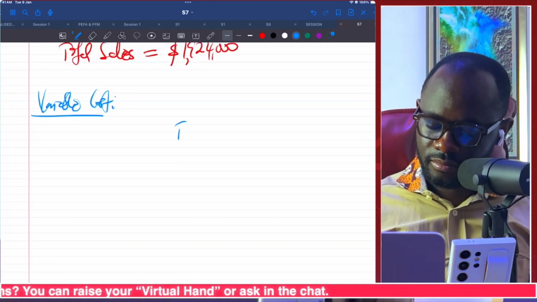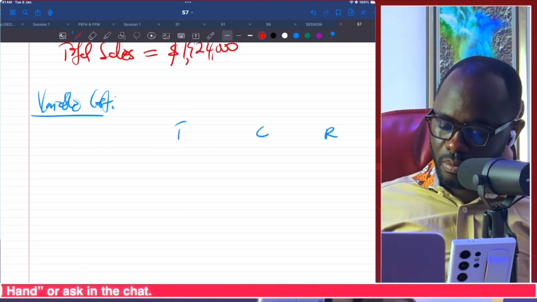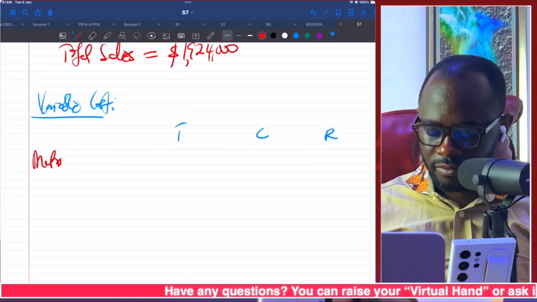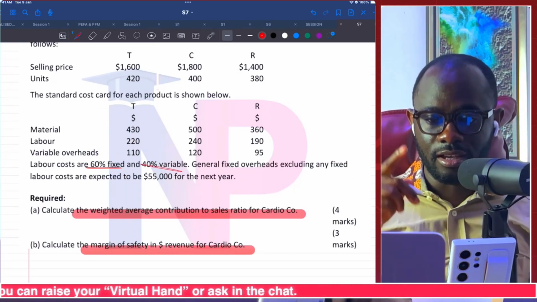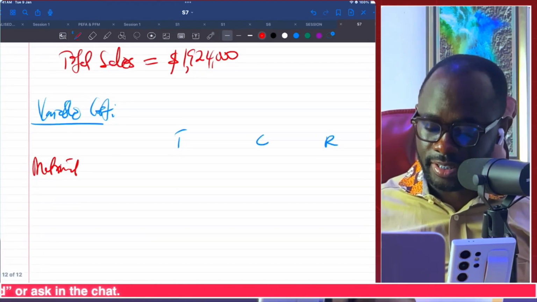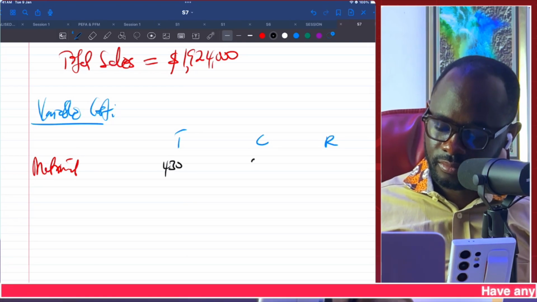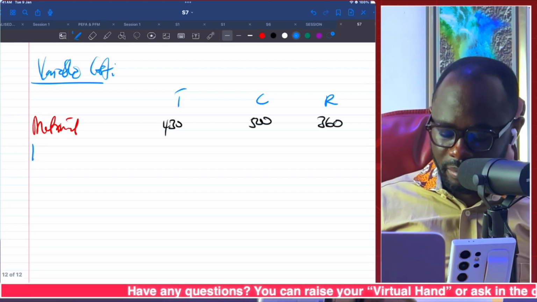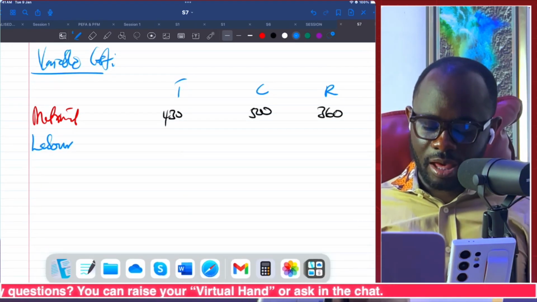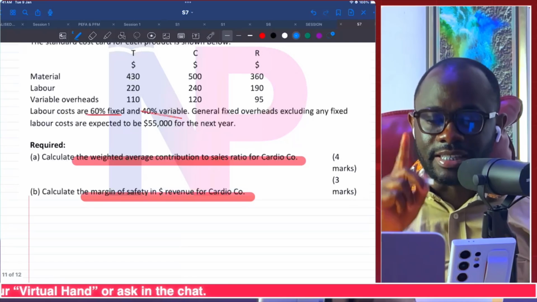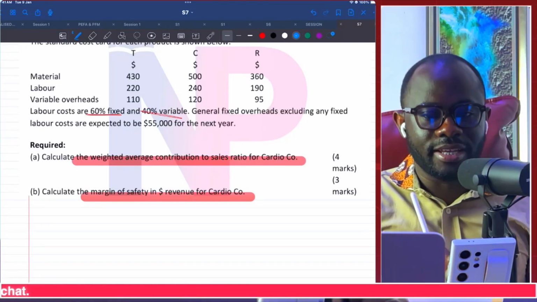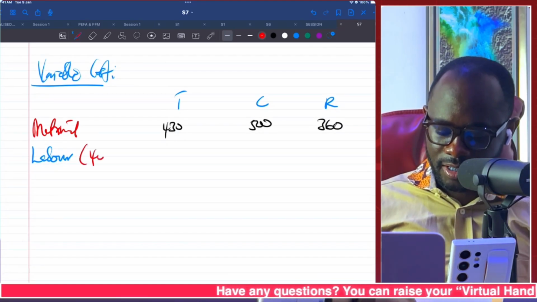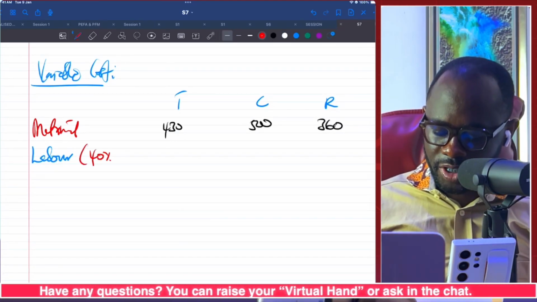So T, C, and R. Material, let's bring material respectively: 430, 500, 360. That is material. Then we go to labor. Now the labor, they said 60% is fixed, 40% is variable. So we are interested in the 40% variable cost respectively.